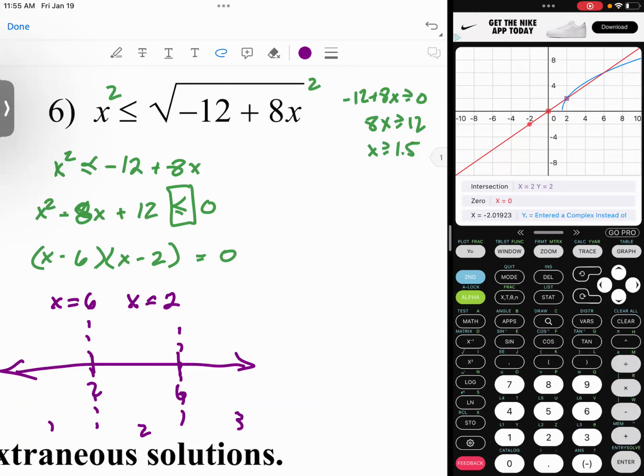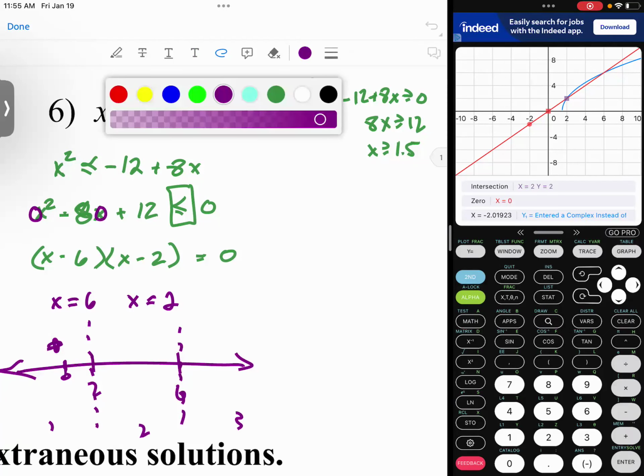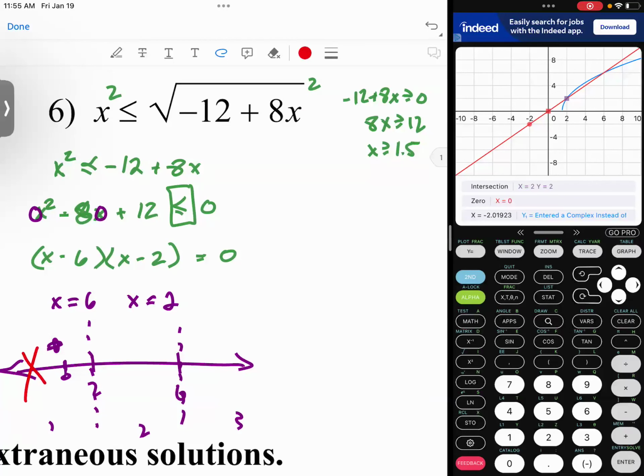So I'm going to try a number in region 1, like 0. I'll plug in 0 here and here. I would get 0 plus 12, which is 12, is less than or equal to 0. That's not true. So this would be a positive number and also would not be a solution for us.